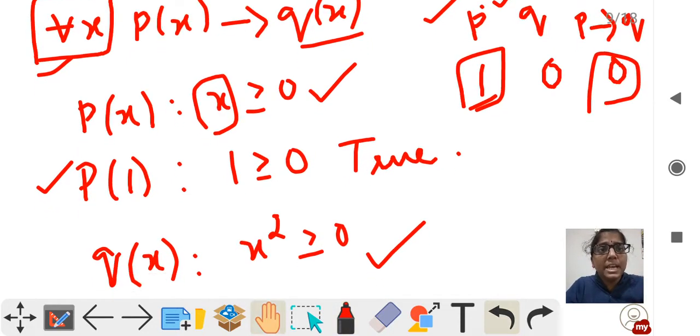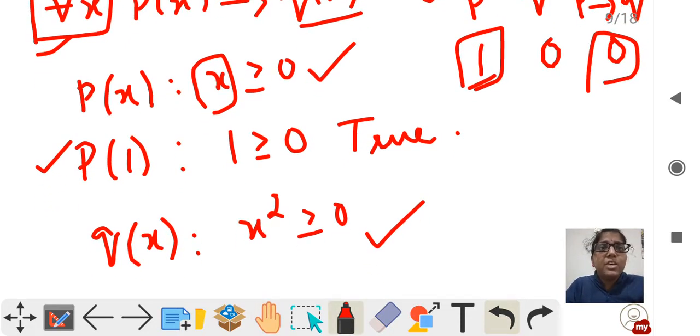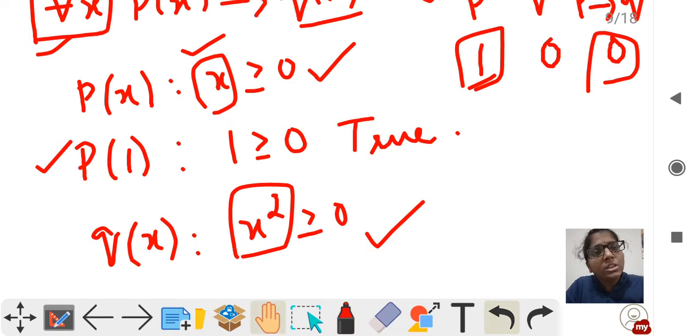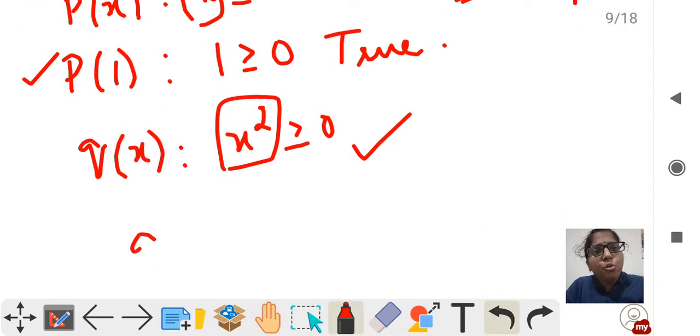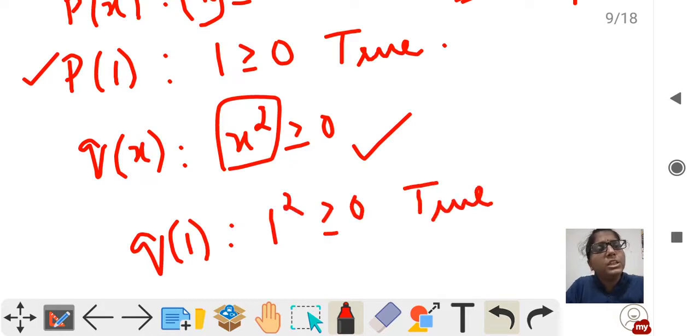But in this case, it is different. Whenever you have a positive value, obviously its square is also positive. So Q(1) is also a true statement. Q(1) is 1 squared greater than or equal to 0, a true statement. This is the only case: if the first statement is true and the second statement is false, then only you will get false for implication.